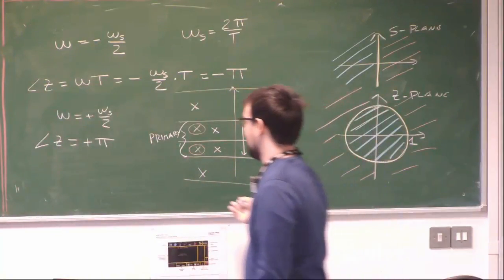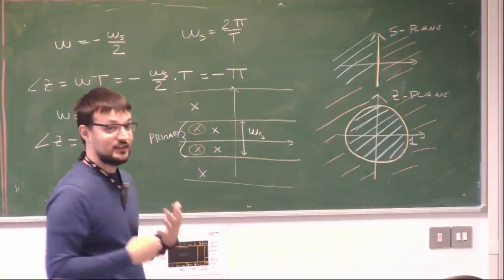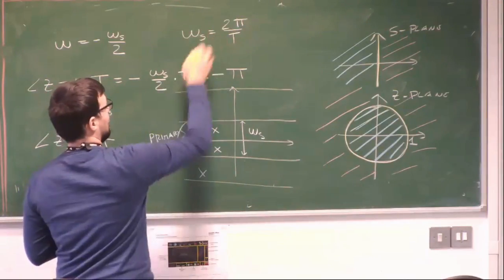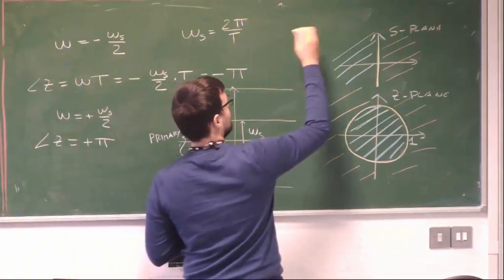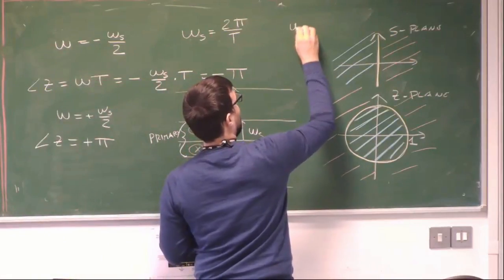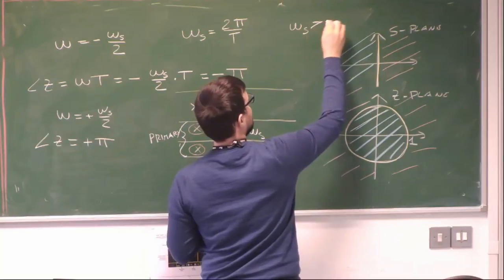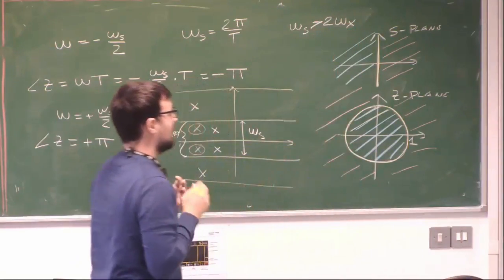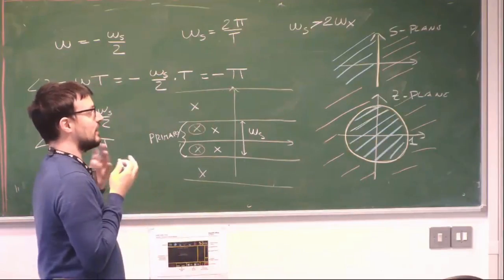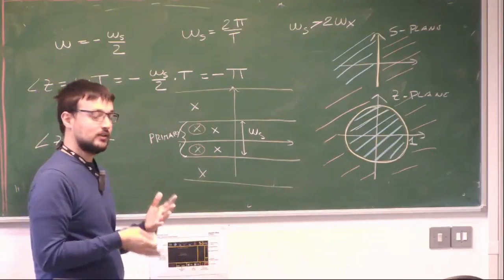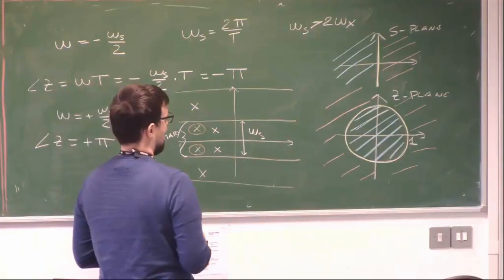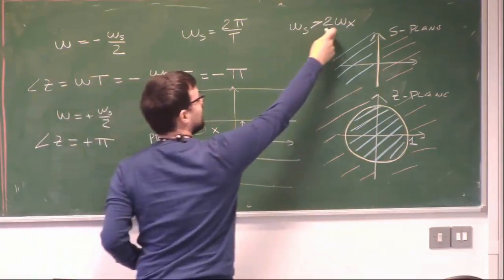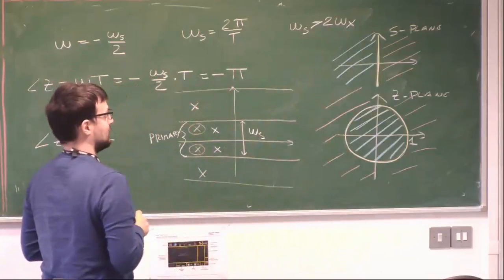This is also a different way to state the Shannon theorem. So this is again a limit on omega s. The Shannon theorem says that omega s has to be greater than 2 times the maximum frequency appearing there. Now, the maximum frequency in a system is actually linked to the poles. So it is saying that this omega s has to be 2 times omega x.